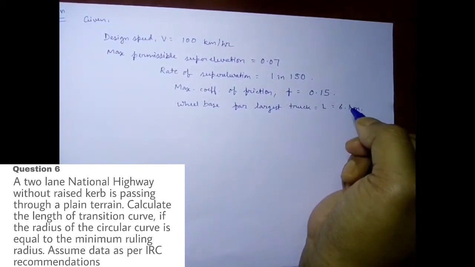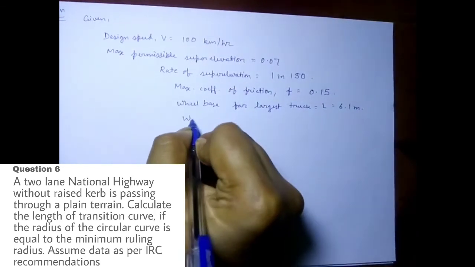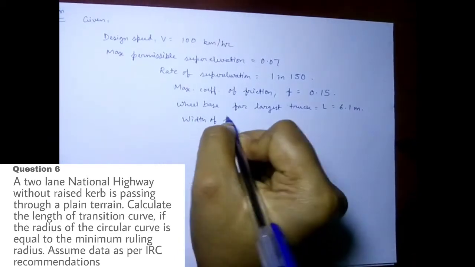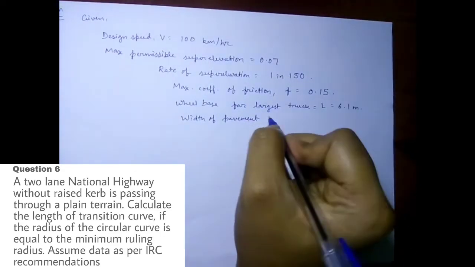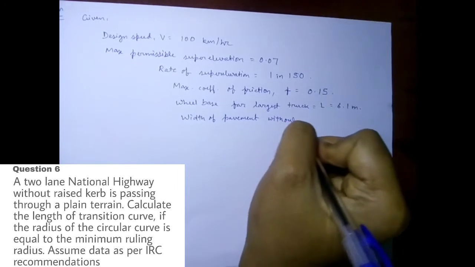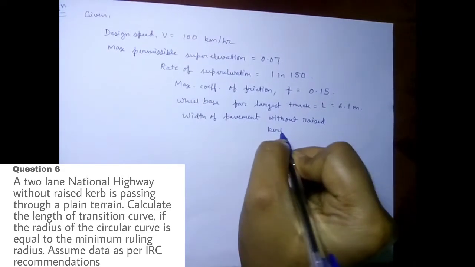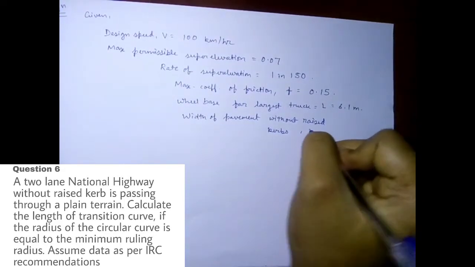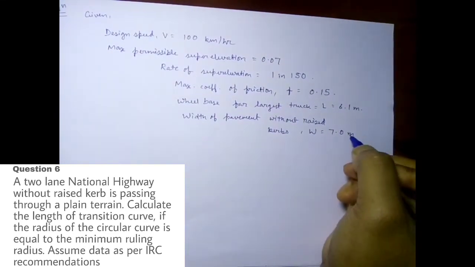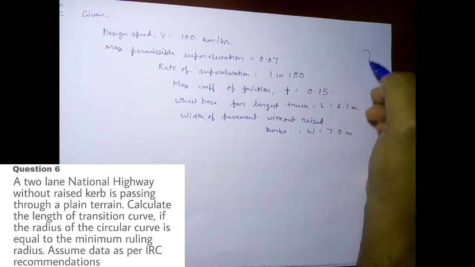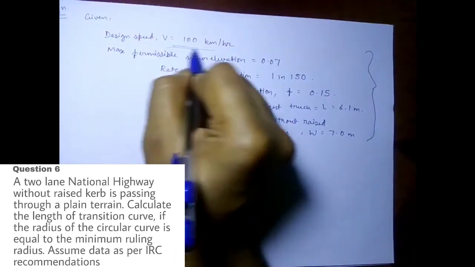So, and width for pavement without raised curves, that is W is equal to 7 meters. So these things are all IRC recommendations, and design speed V is given as 100 km per hour.